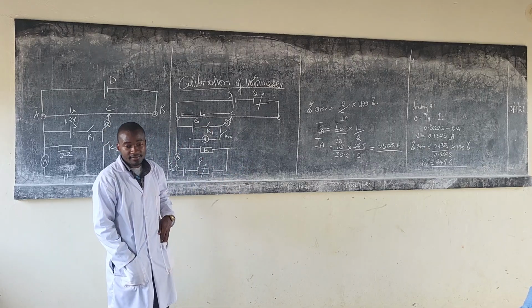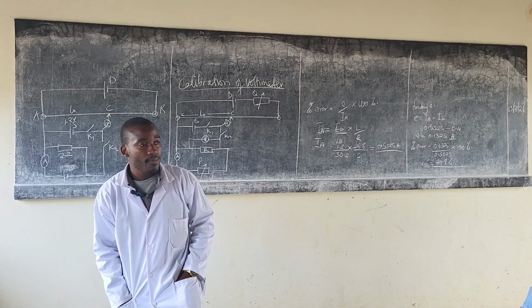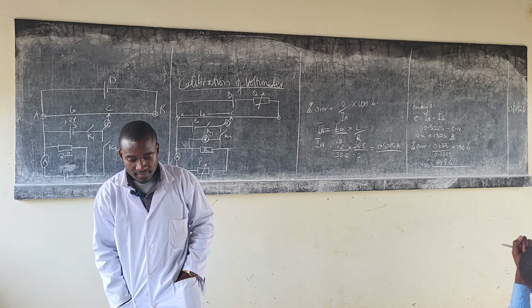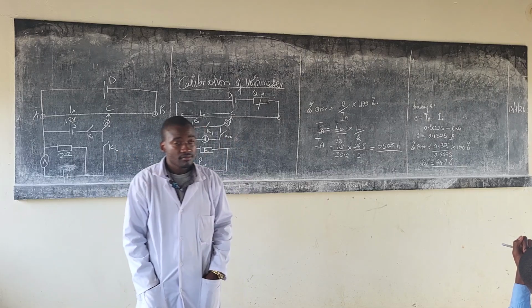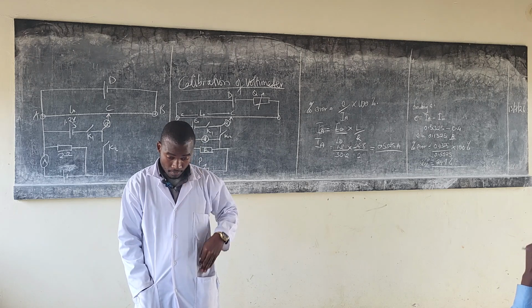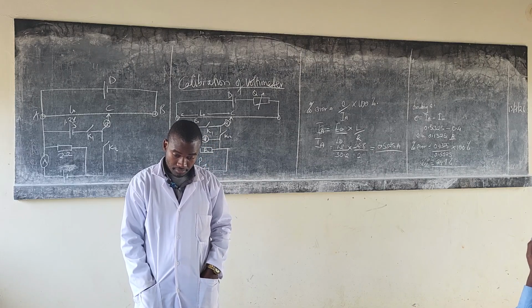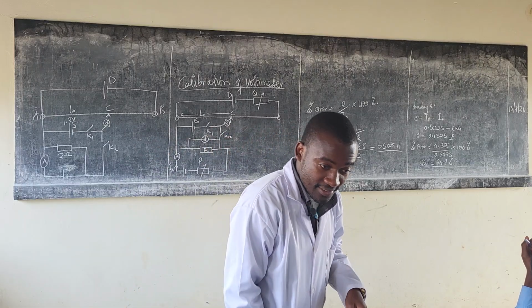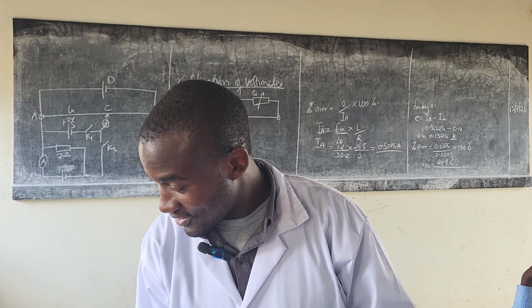The PD per meter K of the slide wire is calculated from... now people are waiting for me to tell them how it's calculated, right?